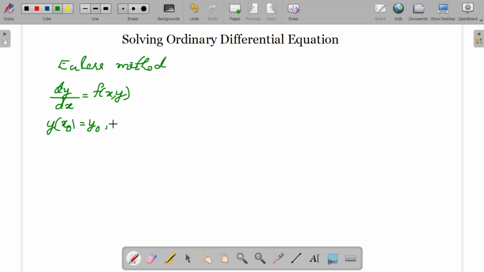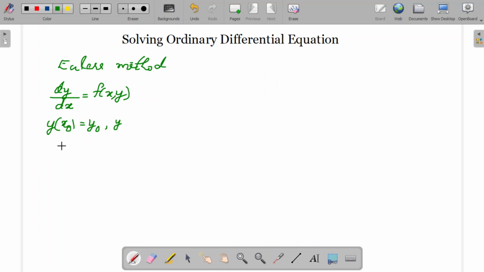We may have to find the value of y at any other point, say y1 or y2 or y3. This is the normal way of solving.